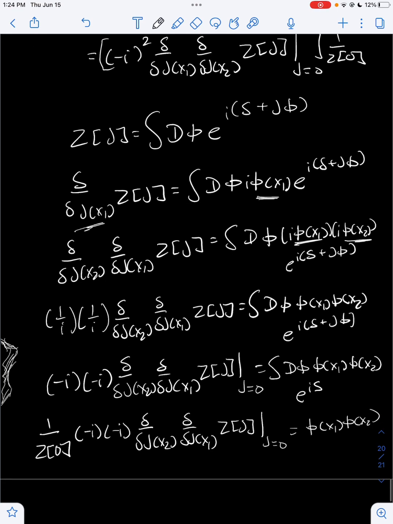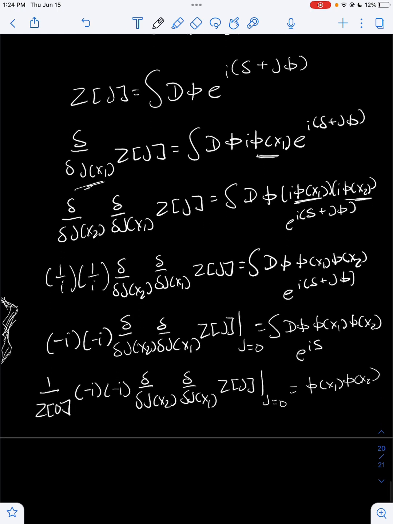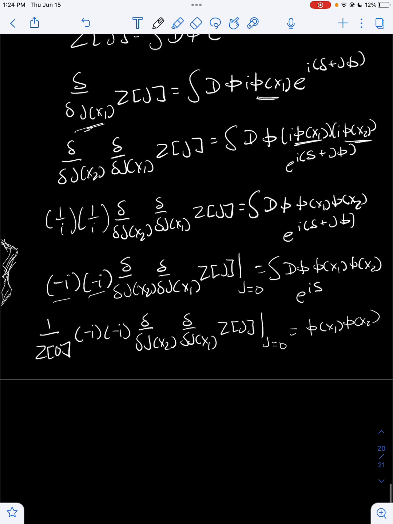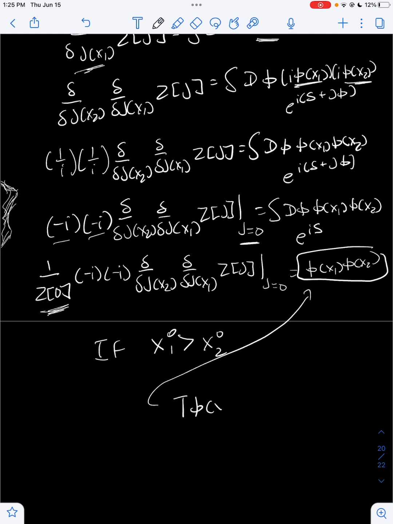And then we can note that we can just divide both sides by i to make the i's go away. And we know that this is just going to be equal to negative i, so negative i. And then we can just divide both sides by Z of 0 after taking J equal to 0. And we'd have this over here. And if we define x naught of x1 to be greater than x naught of x2, this over here is going to be time ordered already.